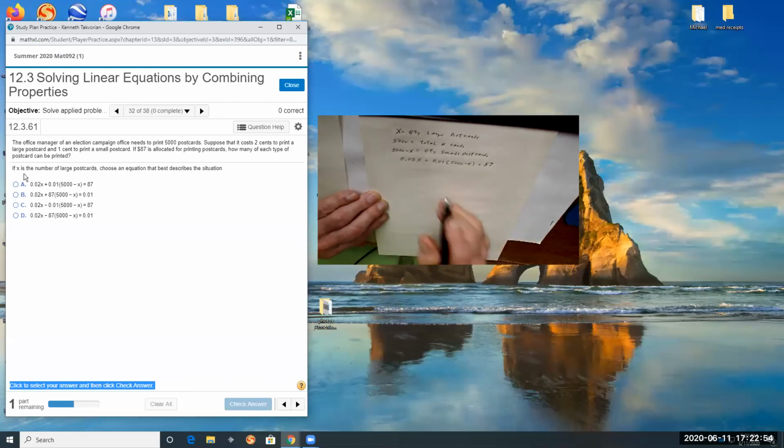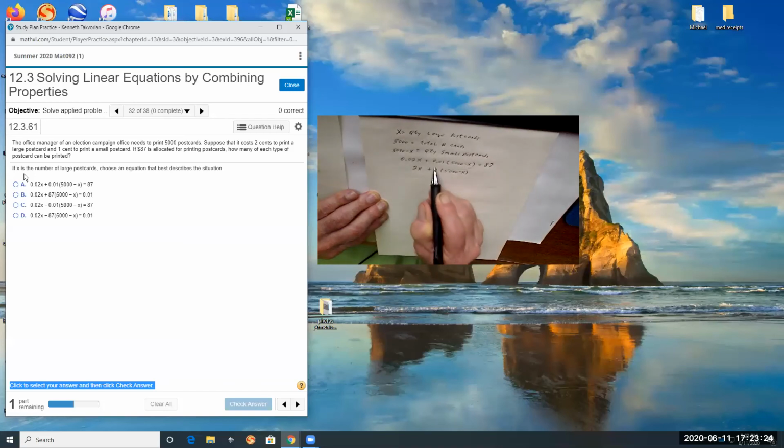Now, you may not do the problem my way, but I like to remove the decimal point because decimals get me into trouble. So because we have 2 decimal places, I'm going to multiply each term by 100. 100 times 0.02x is 2x. 100 times this term is 1 times (5,000 minus x).